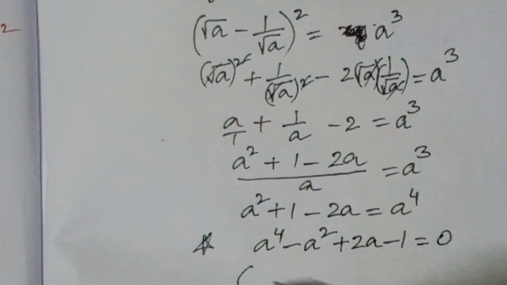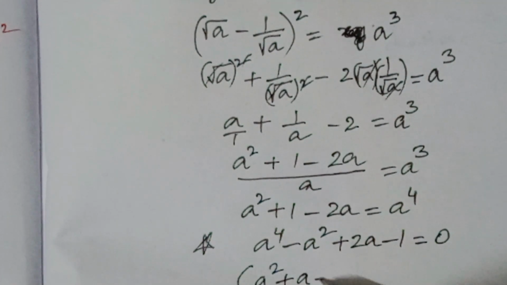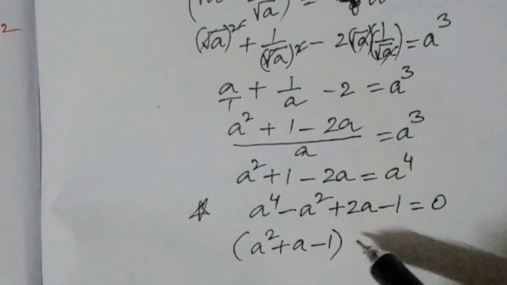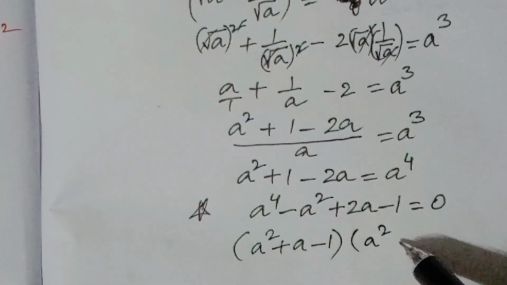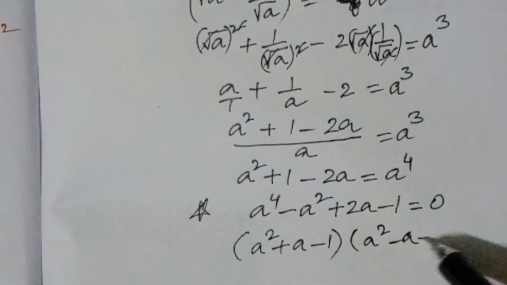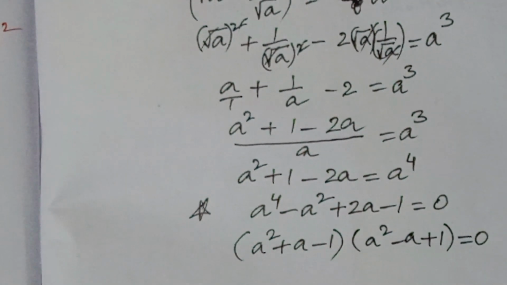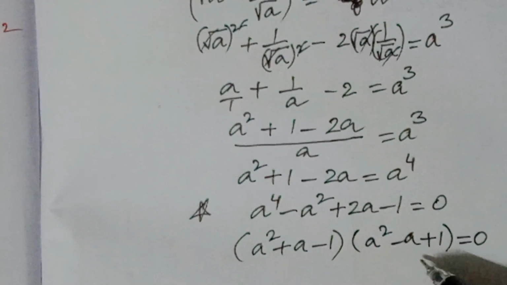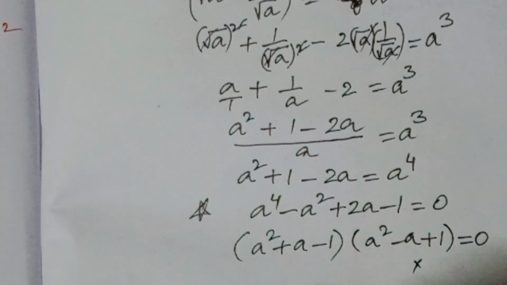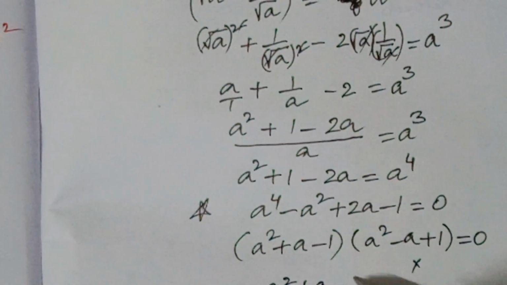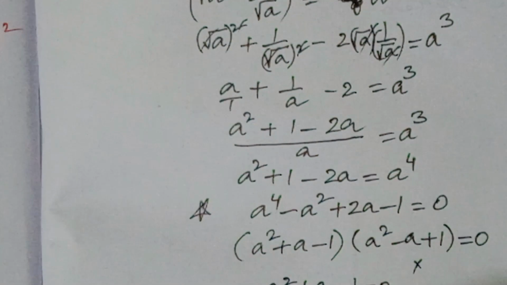So here you have to write the factors: a square plus a minus 1 into a square minus a plus 1 is equal to 0. Now here you won't get real factors from the second one. Now this can be written as a square plus a minus 1 is equal to 0.